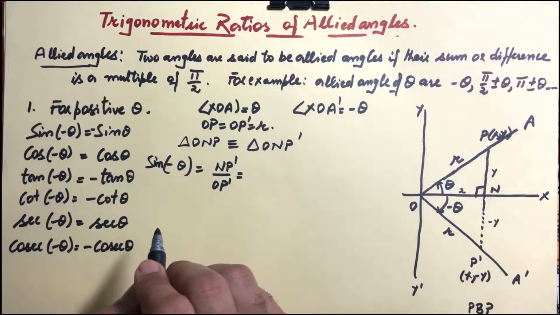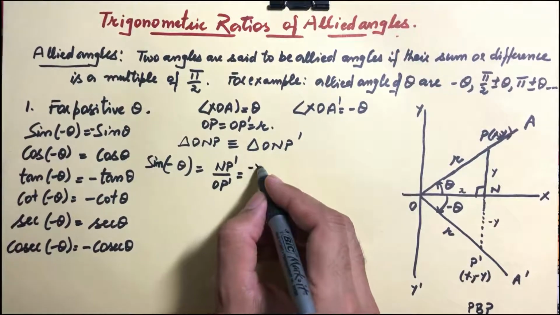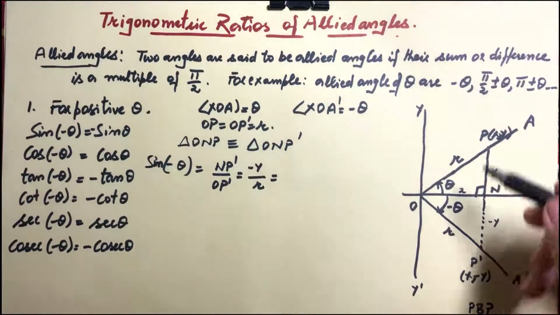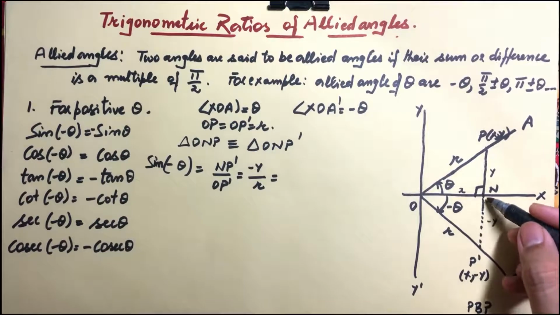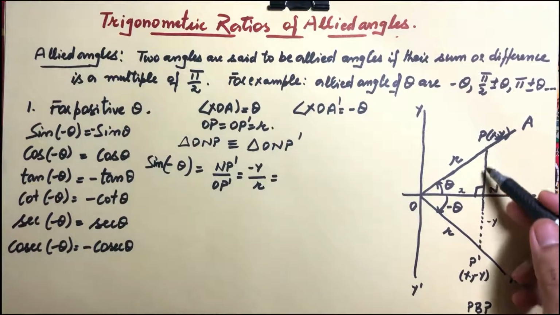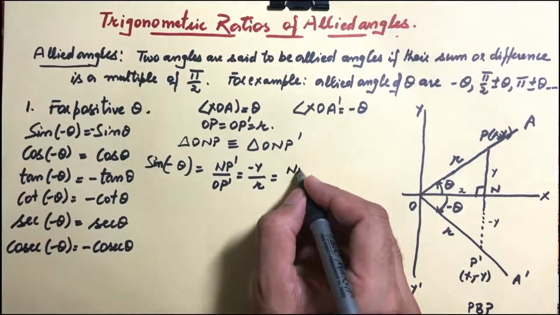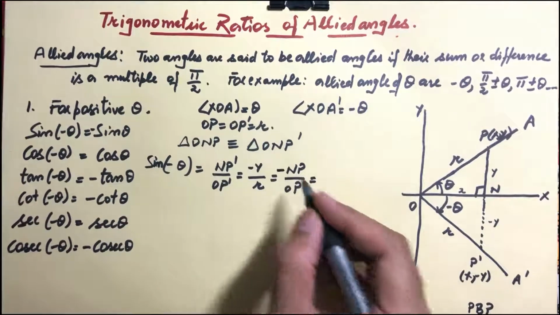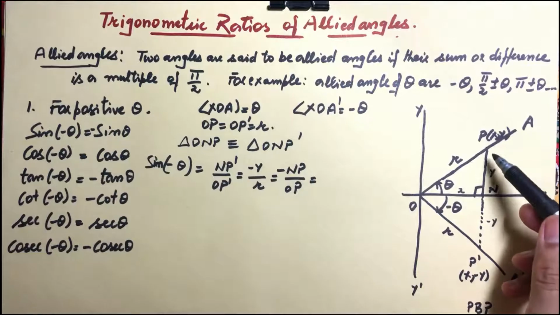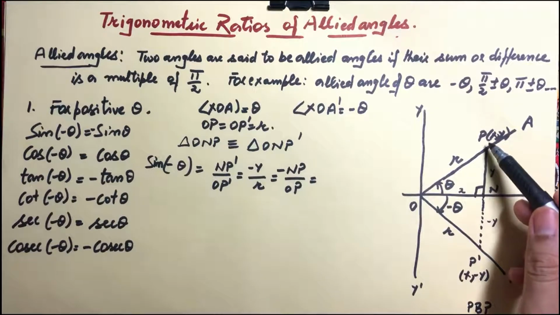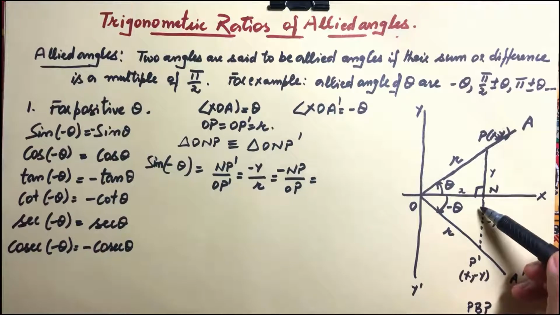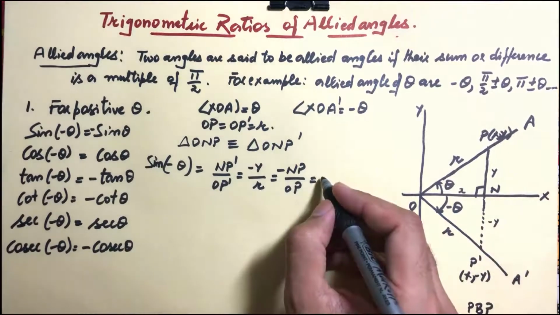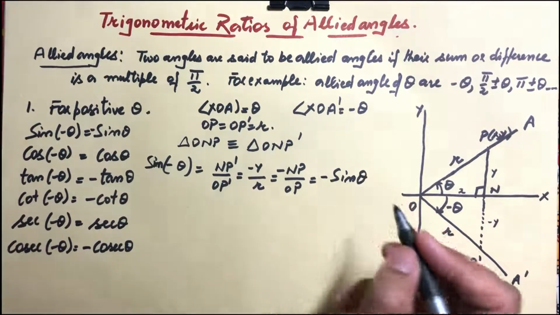So as we see, this is equal to minus y upon R, and as these two triangles are congruent, NP dash is the same as NP, and OP dash is the same as OP. And for this triangle, how much is PN upon OP? Perpendicular upon hypotenuse. This is minus sine of theta.